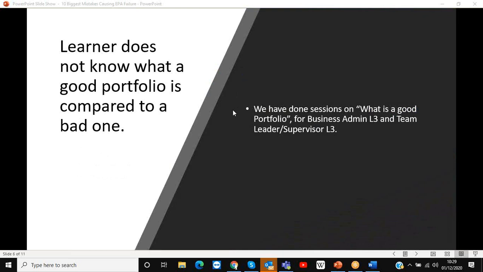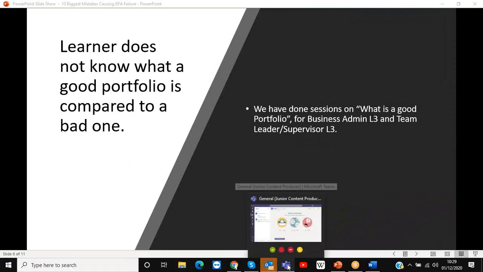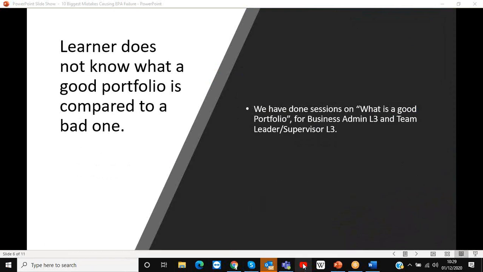Another thing is that if a portfolio is extensive, so 100 pages, a learner may look at that and think, well, there's tons of stuff in there, that's great. But as far as we're concerned, a good portfolio isn't necessarily a long one. A good portfolio is always concise and direct.